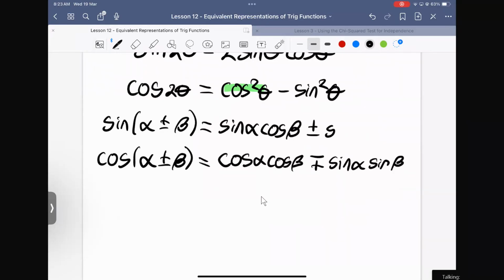It has to be sine beta cosine alpha. I think it was written in our formulas earlier as cosine alpha sine beta. Thank you.